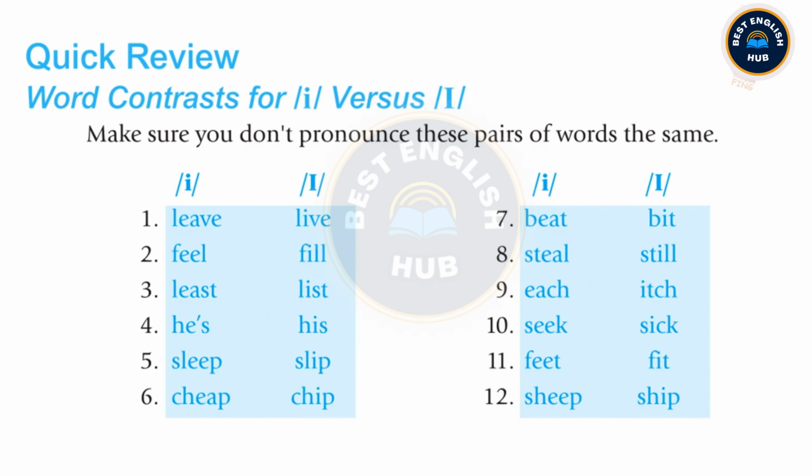Quick review. Vowel contrasts for E and I. Make sure that you don't pronounce these pairs of words the same. Leave, live. Feel, fill. Least, list. He's, his.